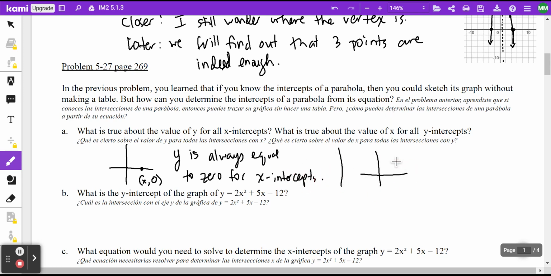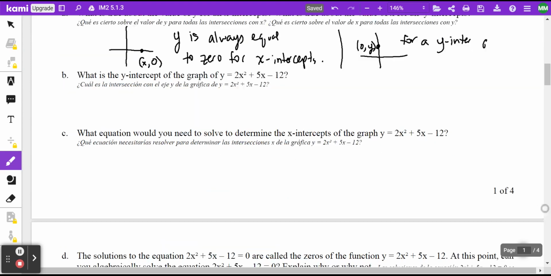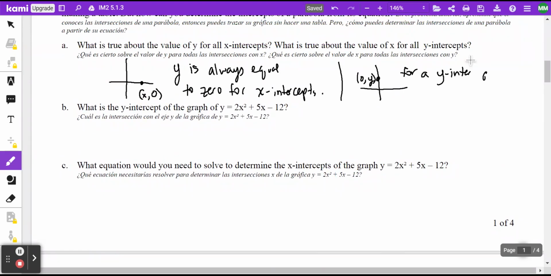Similarly, everybody, on a y-intercept, x has to equal 0. X equals 0. Okay, I can use that information to solve things.